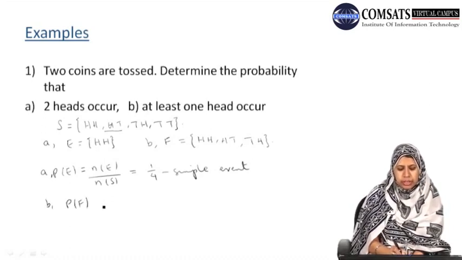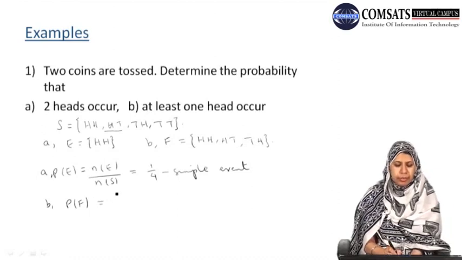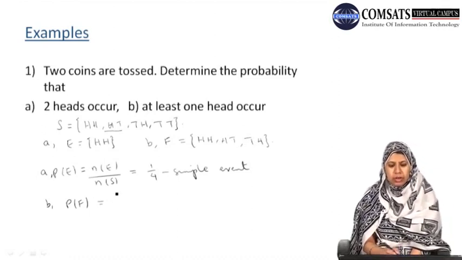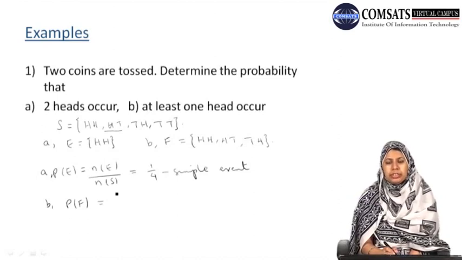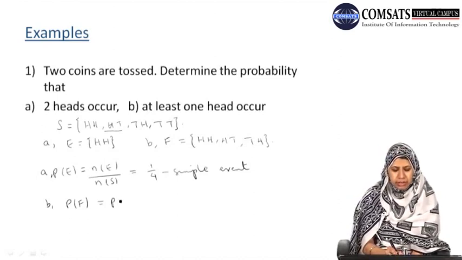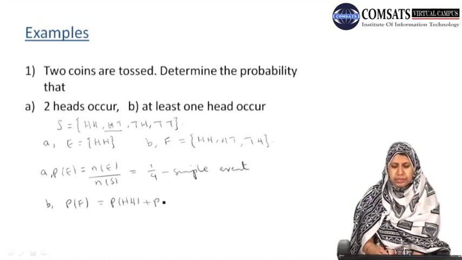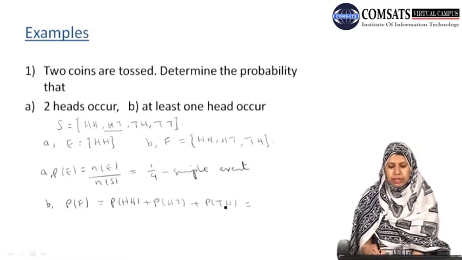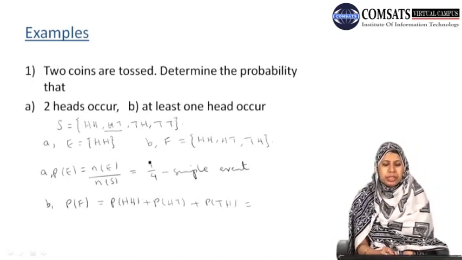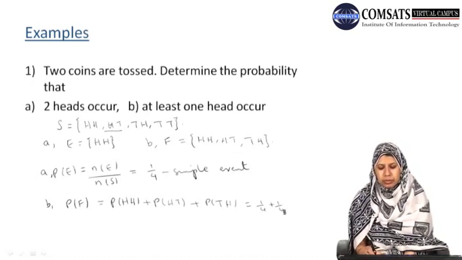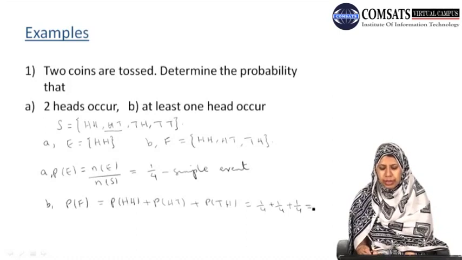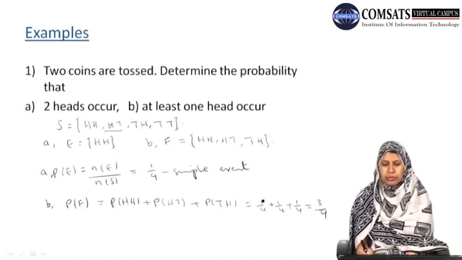Now to find the probability of our event F, either we can use the formula or we can add up the probabilities of the simple events, that is the probability when head head occurs plus the probability when head tail occurs plus the probability when tail head occurs, which is 1/4 plus 1/4 plus 1/4, which is 3/4.